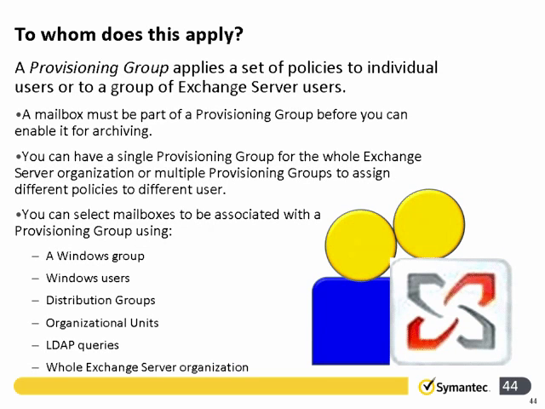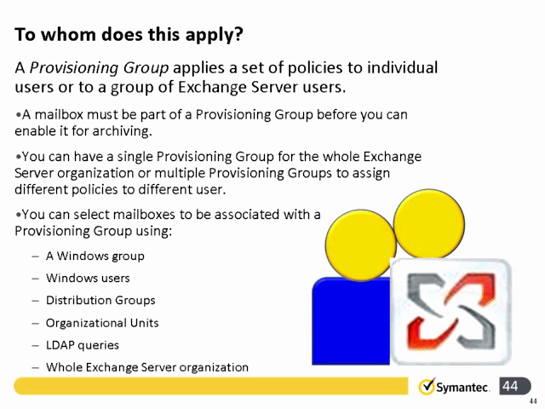How are we going to determine what the archiving applies to? Well, we're going to create something called a provisioning group. This provisioning group is going to be a collection of people who are going to be archived, and we can choose different ways of defining these people. We can either use an already predefined Windows security group or distribution group.